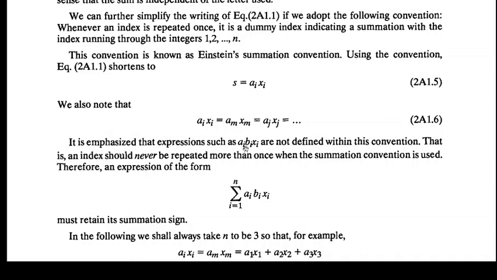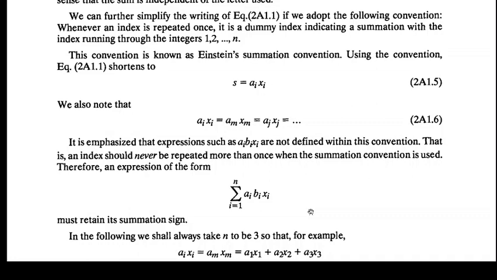If you have this type of term, then you cannot drop the summation sign. Einstein convention does not define this type of summation. This type of summation means that we have an index which is repeating two times and appearing three times.